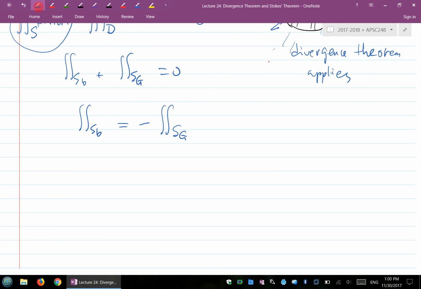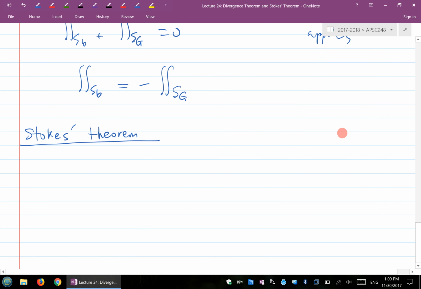Any questions? Okay, good. So that brings us to the last theorem here, which is Stokes theorem. I'll write down Stokes theorem here, and then we can take a detailed discussion into this theorem.